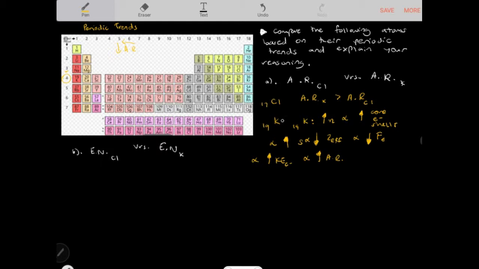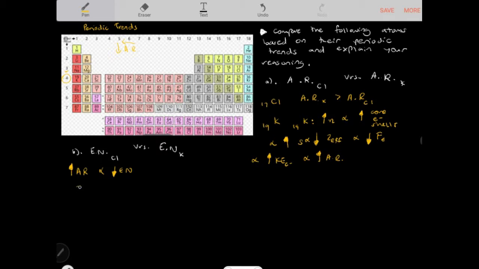Now let's attribute this notion also to electronegativity, right? And we stated earlier that as the atomic radius increases, the electronegativity will decrease, and vice versa. So it's an inversely proportional relationship, right?